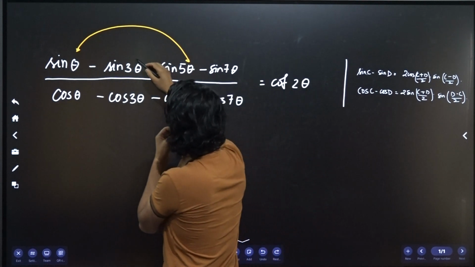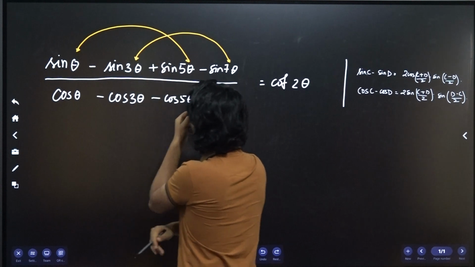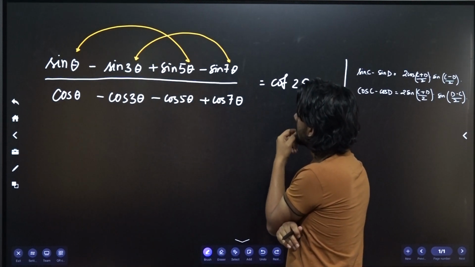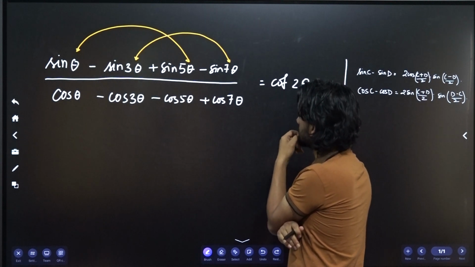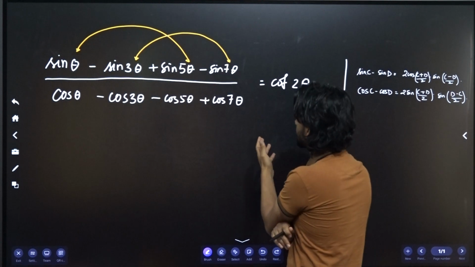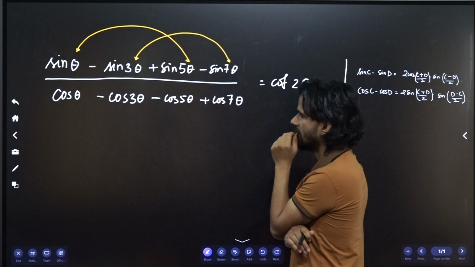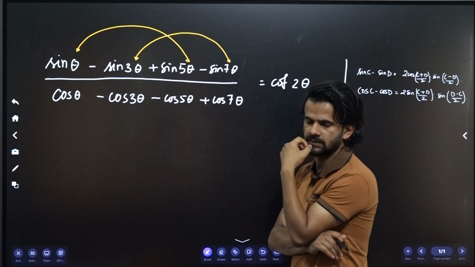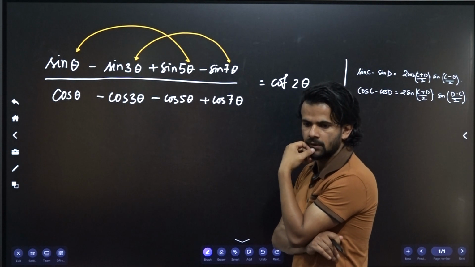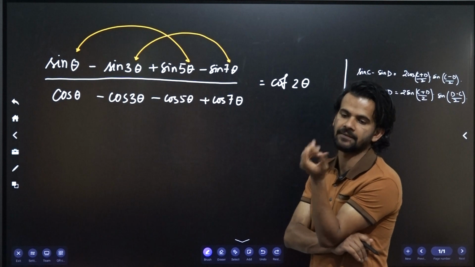Similarly here, if I take these two, 3 theta plus 7 theta gives me 10 theta, divided by 2 gives me 5 theta. 3 theta minus 7 theta gives me 4 theta, divided by 2 gives me 2 theta. That can be done also, but still you will have 5 theta, and then again you have to do something with that 5 theta.